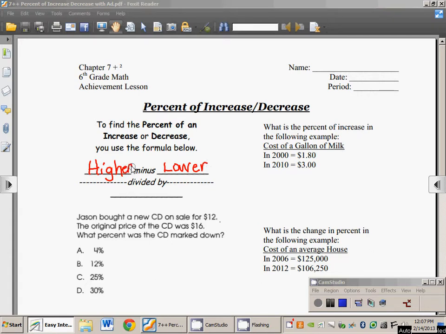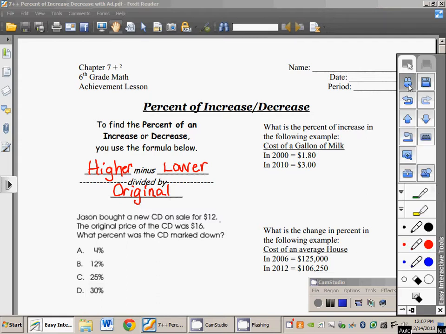That tells you the amount of money you save, and then you divide by the original price. So no matter if the price went up or down, we do the problem the same way. Percent of increase when an item goes up in price, percent of decrease when the item goes down in price. Well, let's look at the first example.